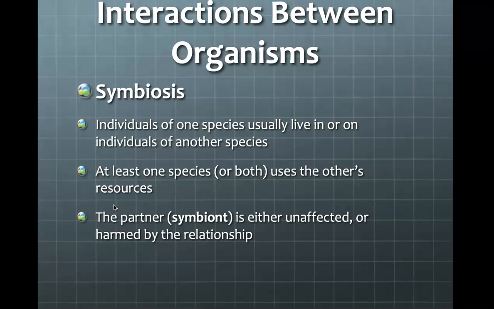So in symbiosis, one species tends to live in or on another species. Another example of how we're misusing it. Certainly you don't live inside of your coworker or on top of them. At least one species, but often 2, uses the other's resources. That's sort of the symbi part of it that we mean.